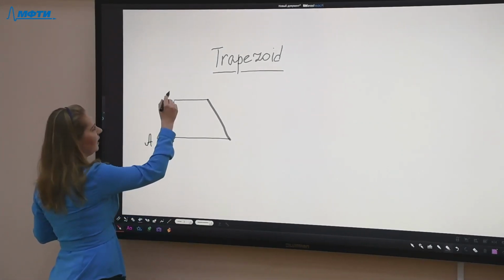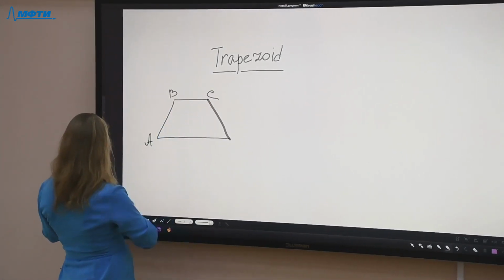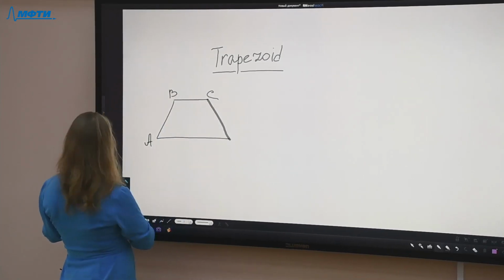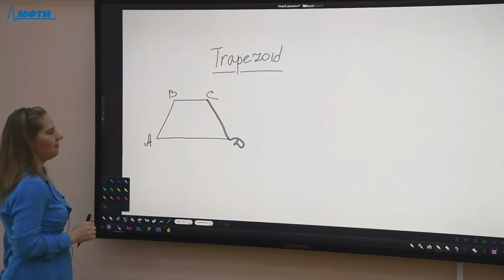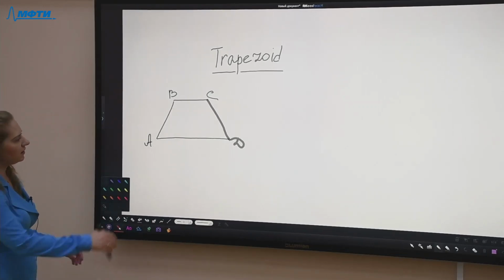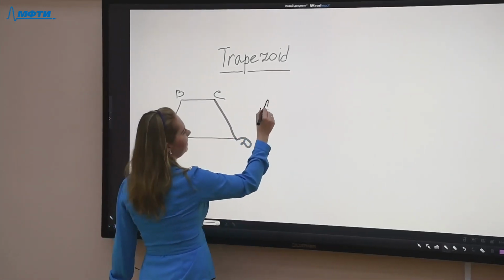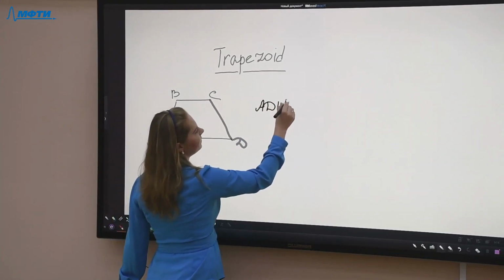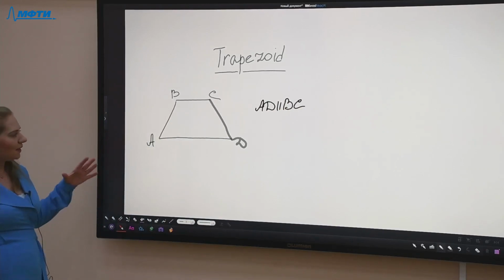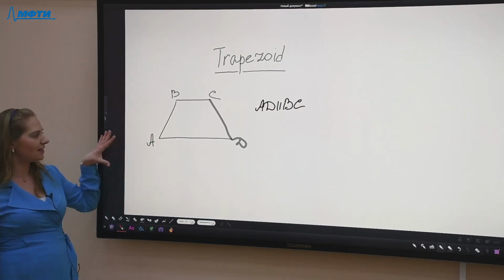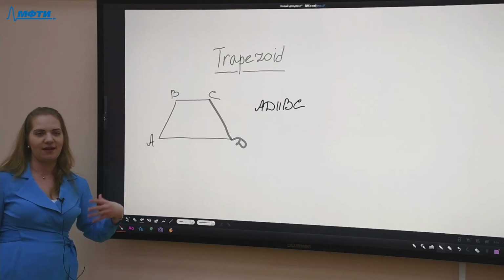So let it be ABCD. So AD is parallel to BC. And always one of these sides, AD or BC, is greater than another.